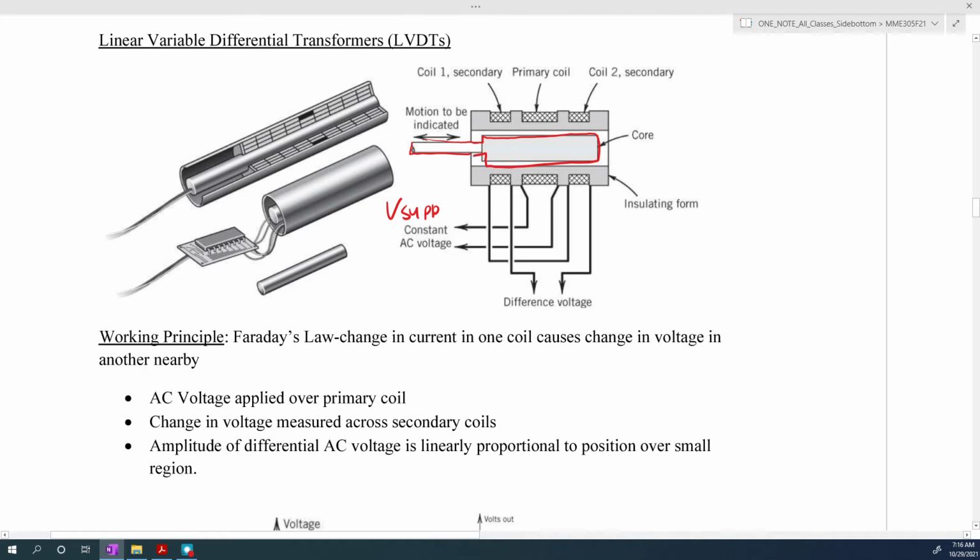As that shaft moves in and out of the cylinder, it creates a change in magnetic field, which creates a differential voltage or output voltage.